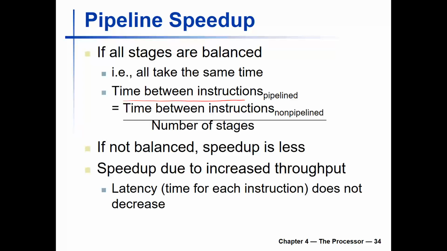For example, if you have equal stages, let's say we have 5 stages, and it takes 1000 picoseconds to execute a single instruction on the scalar. So the time of each stage will be 1000 divided by 5, which is 200 picoseconds. That's the length of the stage in the pipeline processor.